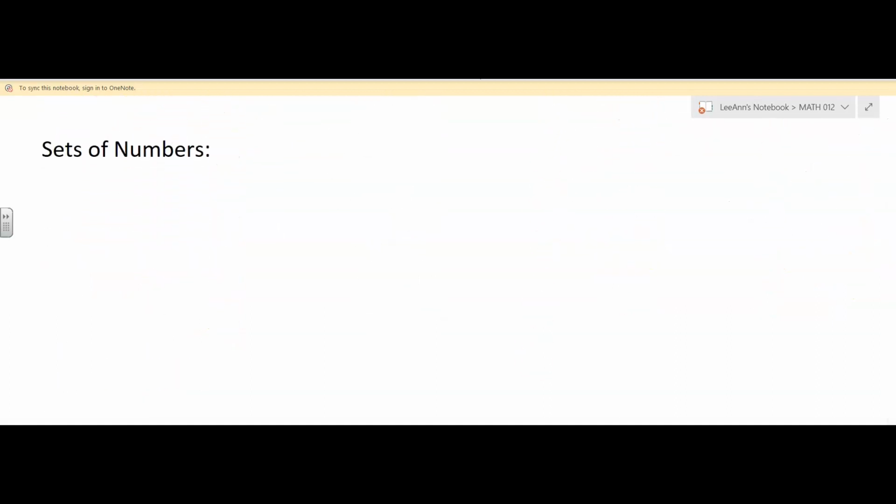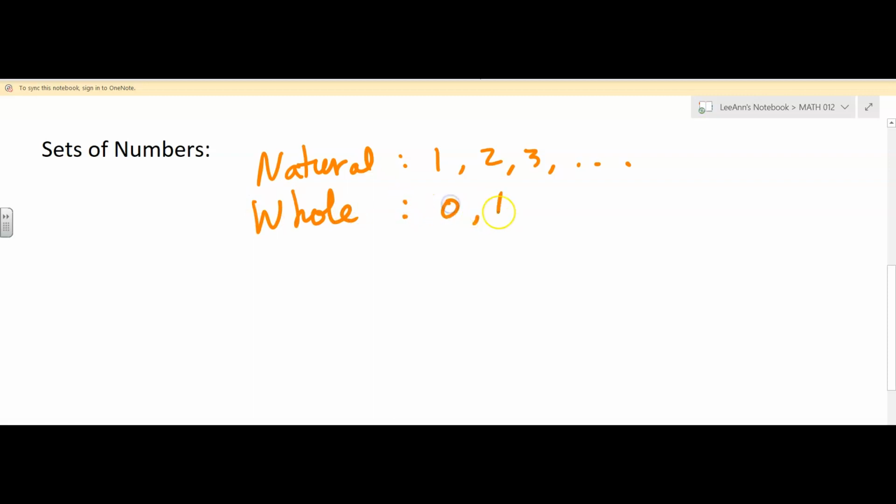So let's look for a minute at sets of numbers. You have your natural numbers, 1, 2, 3, 4, and so on. You have your whole numbers, which are 0, 1, 2, 3, and so on.